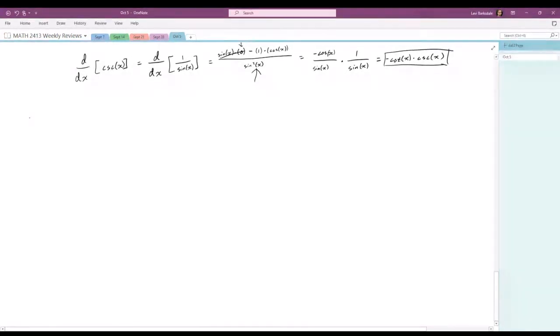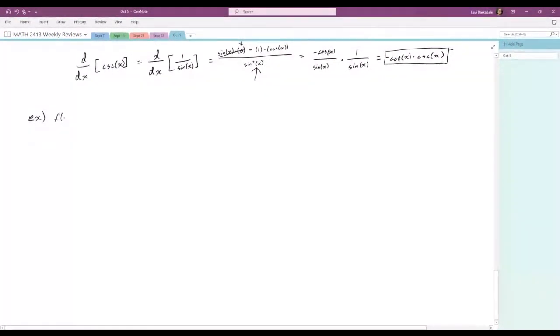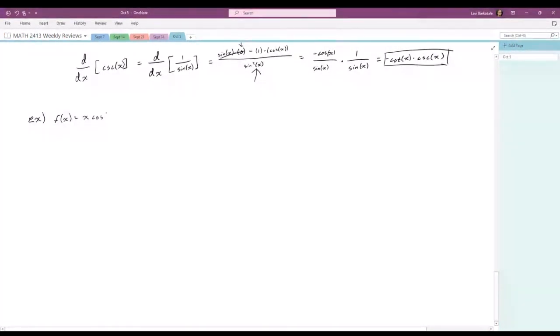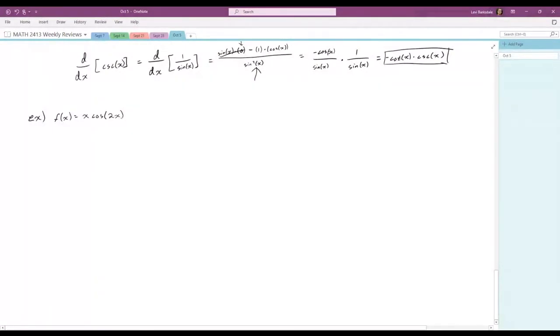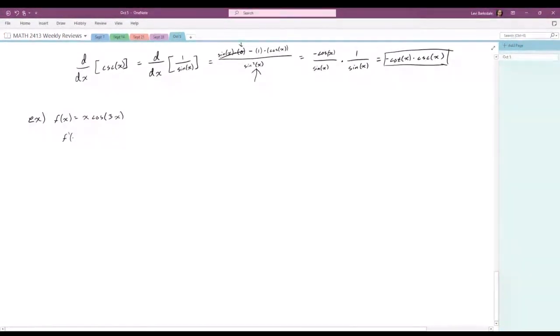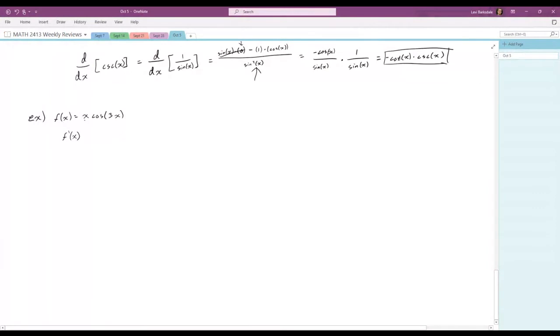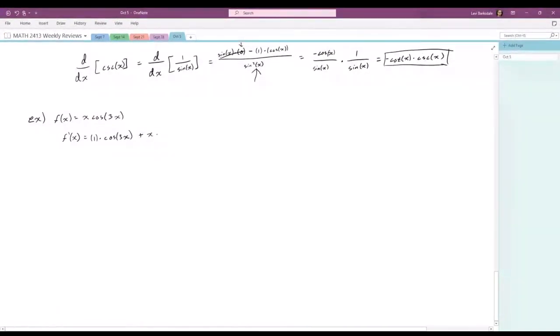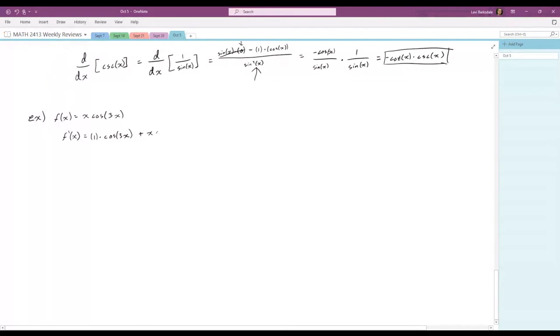Example problem, I guess. Okay, 3x. All right. If I wanted to take the derivative, again, I have a product because I have x multiplied by cosine 3x. So my product rule tells me I should take the derivative of my first one, multiply it by my second one alone, plus my original first one multiplied by the derivative of cosine 3x.